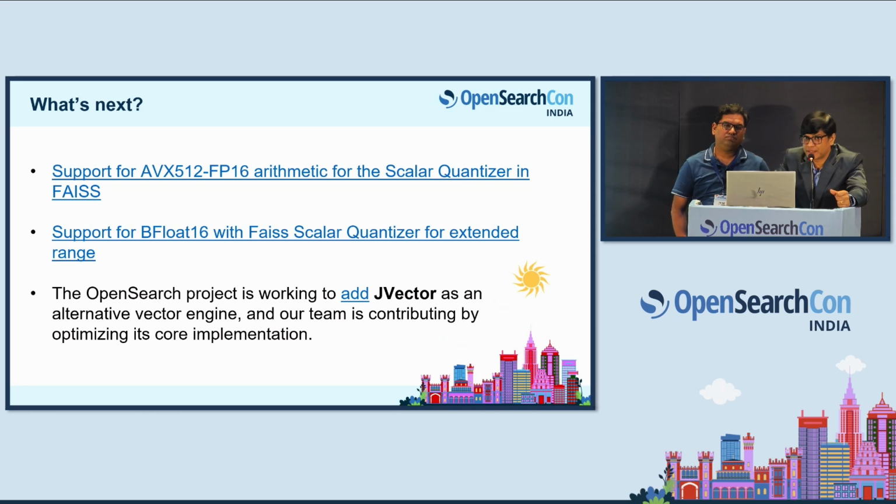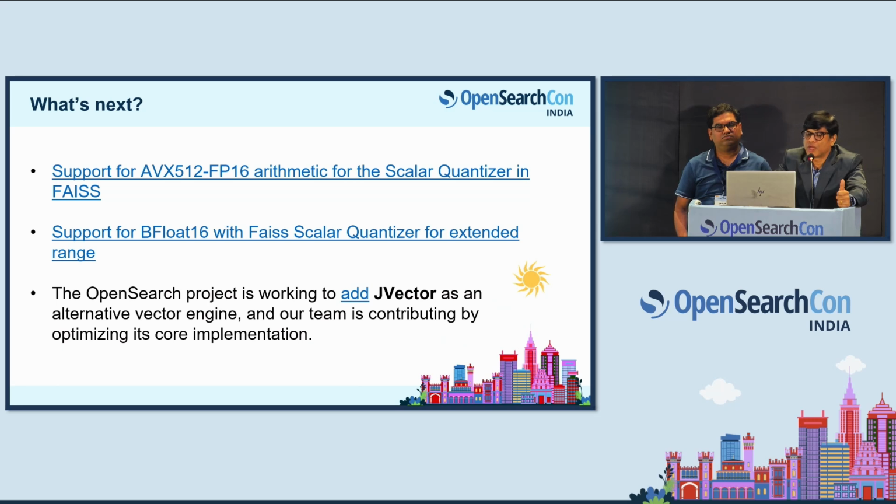The links are there in this slide. You can take a look at it. We are also working on supporting BF16 with the FAISS scalar quantizer. BF16 is another representation of floating point values. It came from Google, if I'm not wrong.